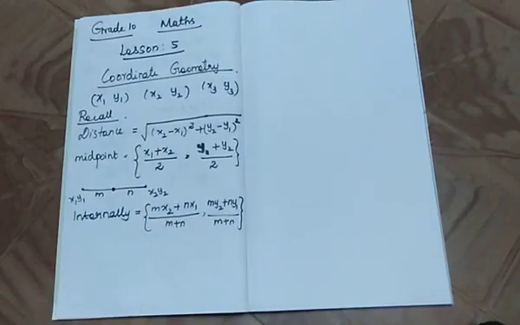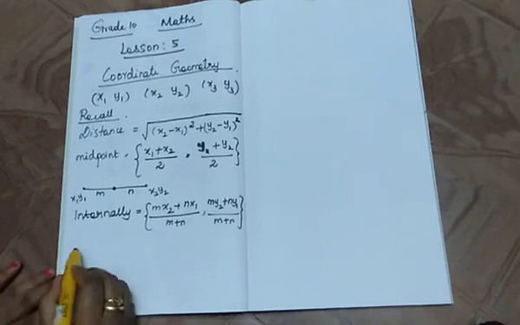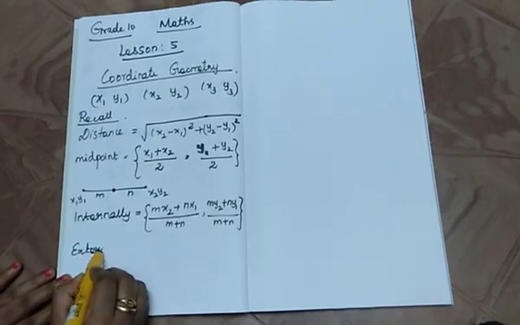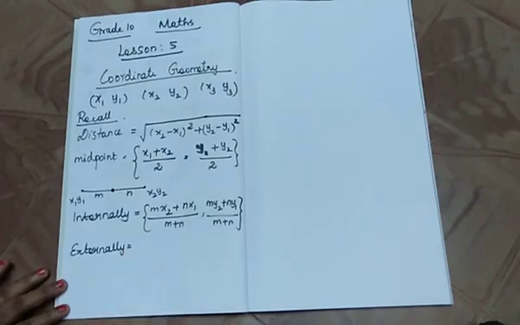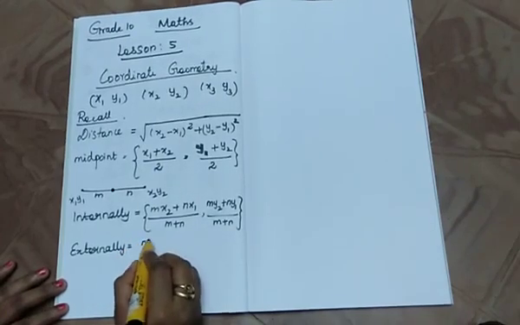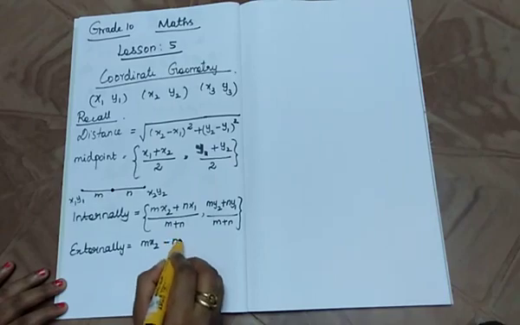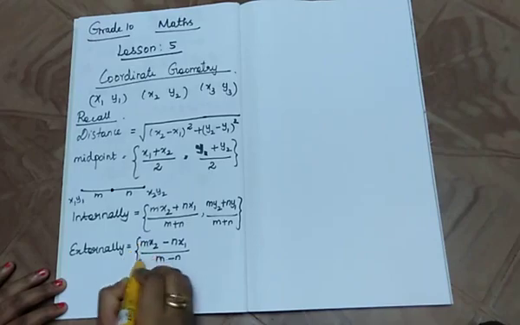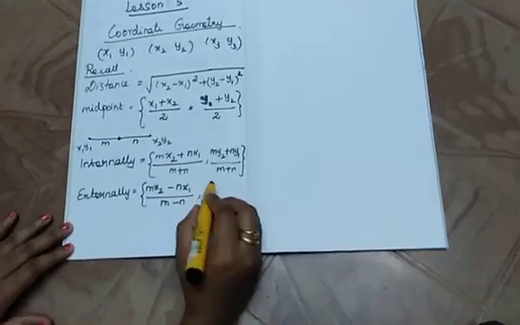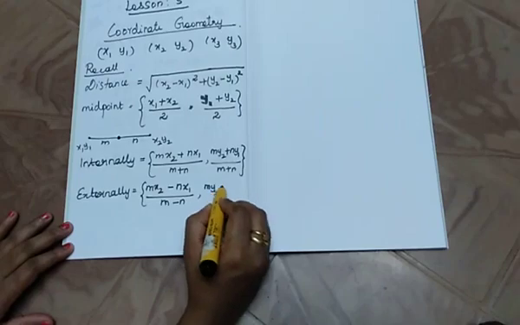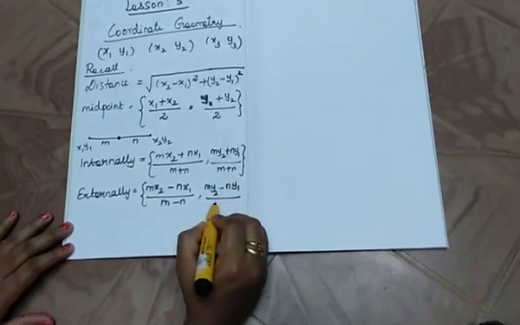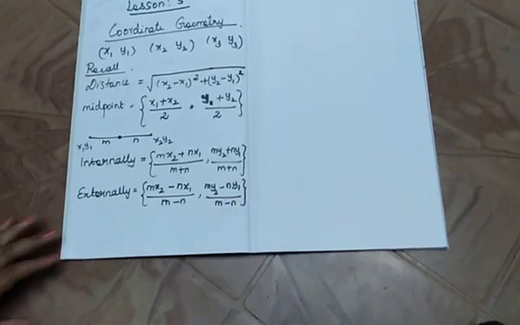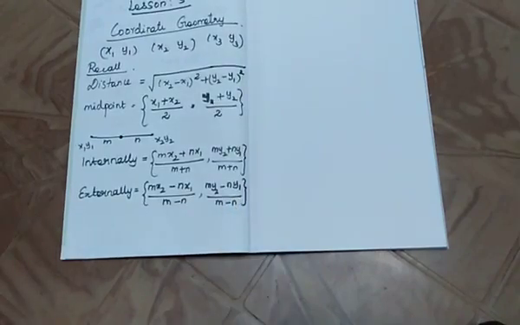If it divides externally, what would our formula be? It is (m into x2 minus n into x1) divided by (m minus n), comma, (m into y2 minus n into y1) divided by (m minus n). In place of plus you have to put minus. This is externally. These four formulas are based on 2 points.